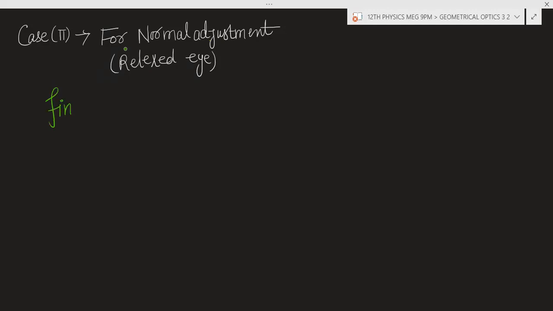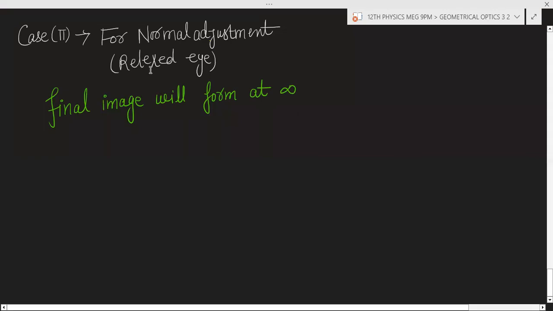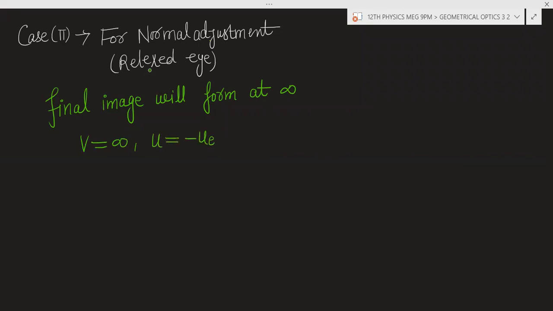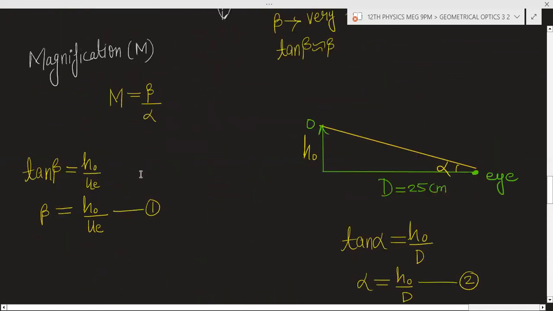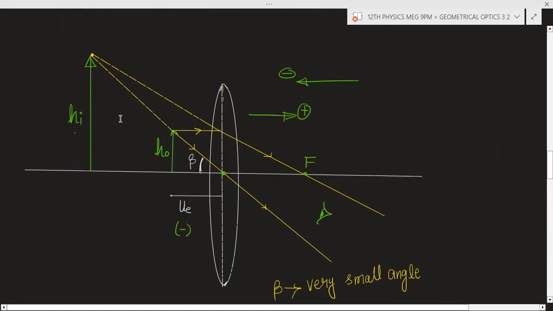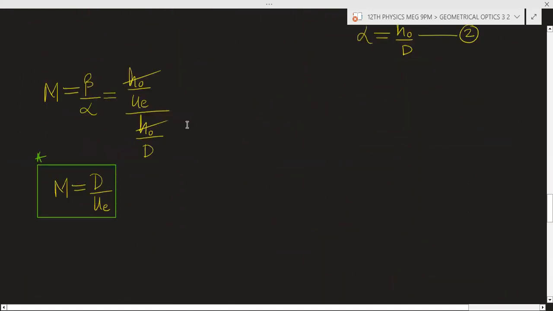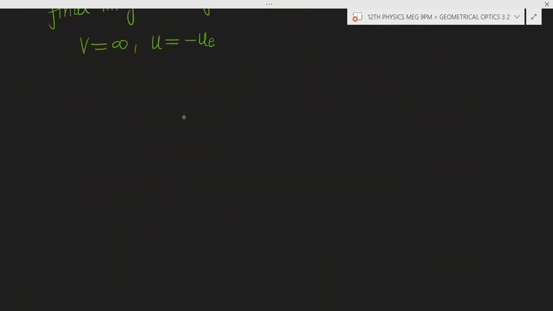So here the final image will form at infinity. If the final image forms at infinity, you can take the image distance as infinity, and the object distance will remain the same, that is minus UE. Now again apply the formula: 1 upon f is equal to 1 upon v minus 1 upon u.